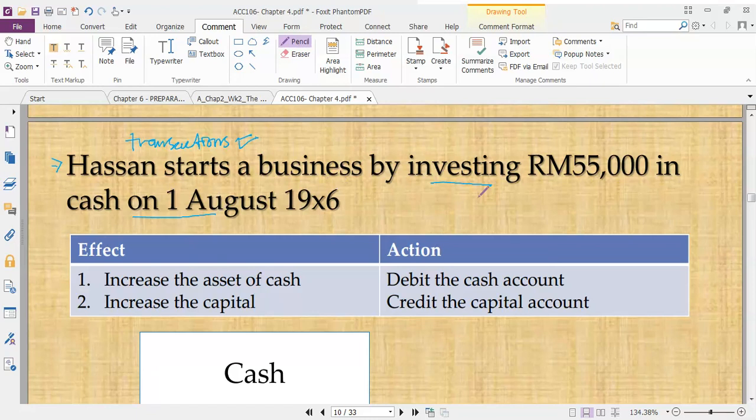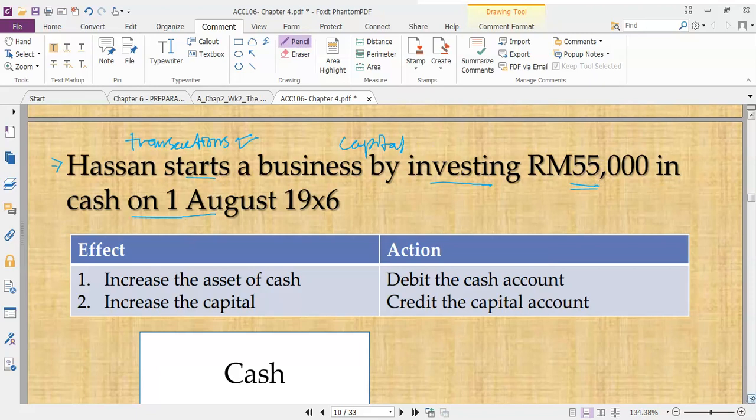So kalau dia kata dia start business, so dia memulakan business. So ini adalah apa? Okay, elemen apa? Yes, that is correct. Very good. So this is called as capital. Dia kata start a business with 55,000 cash.